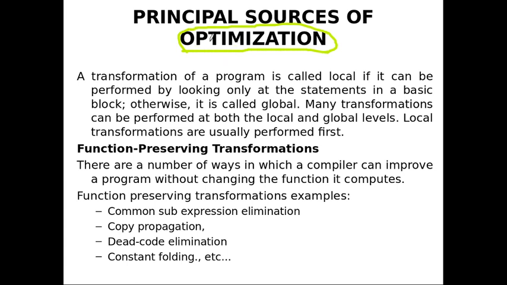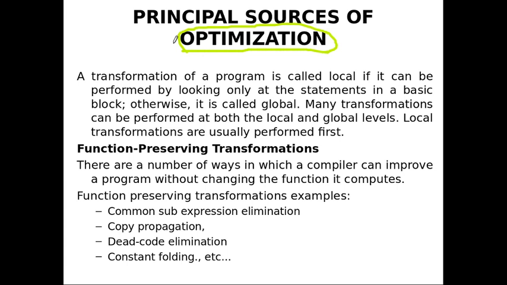That means either the number of instructions is reduced, memory space is reduced, or CPU time is reduced. So this is the meaning of principal sources of optimization, one transformation technique to apply optimization.